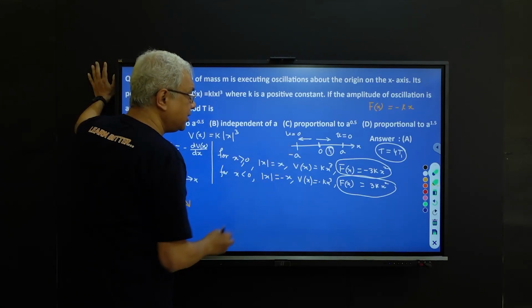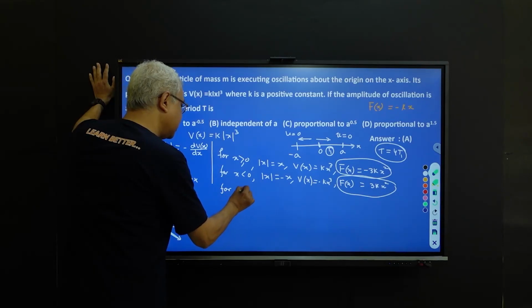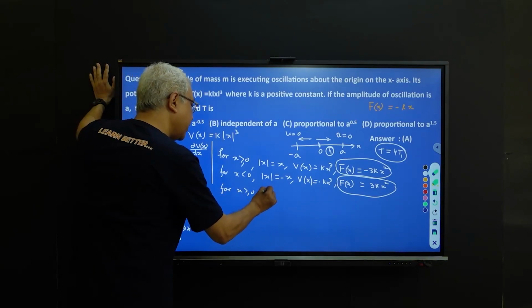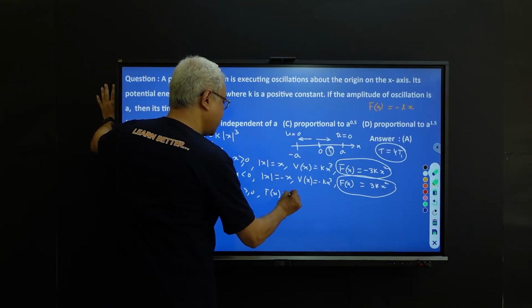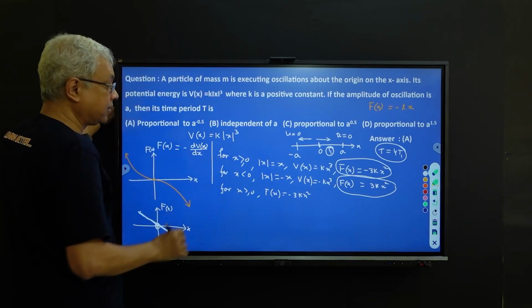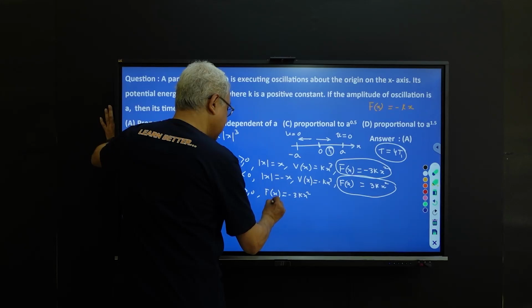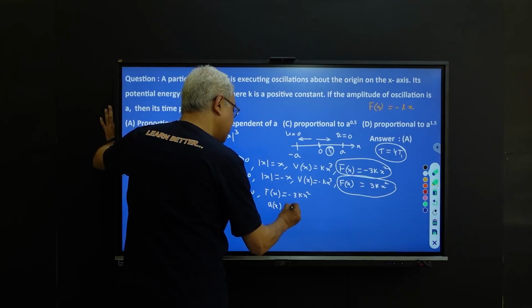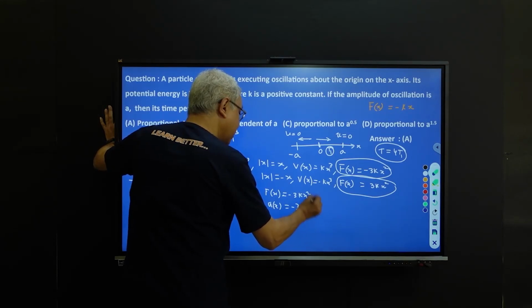So F(x) is, say for example, when x is greater than or equal to 0, F(x) is given as negative 3k x square. So the acceleration of the particle when x is greater than or equal to 0 can be written as a(x) equal to minus 3k by m x square.